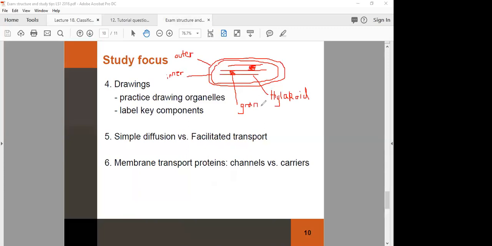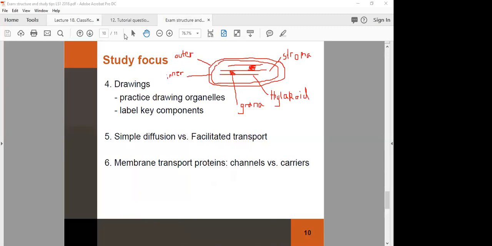Grana. And then this fluid interior is called the stroma. Okay, so that's how you would draw and label a chloroplast.